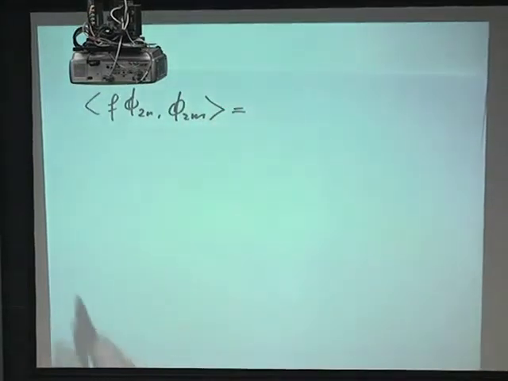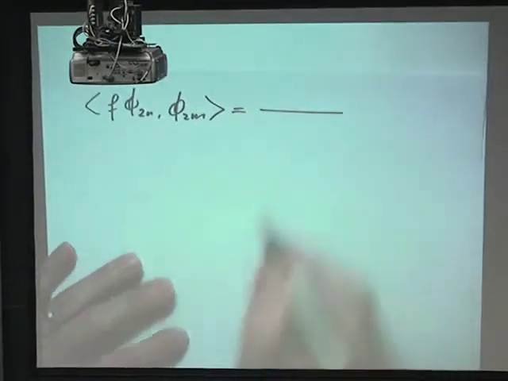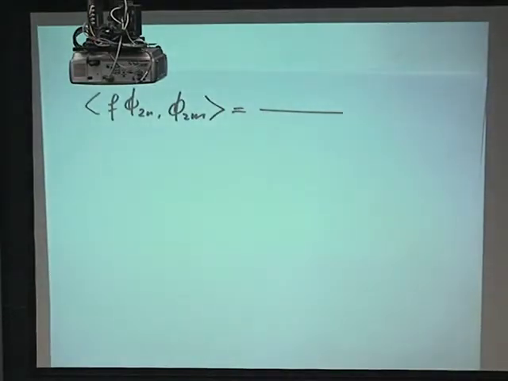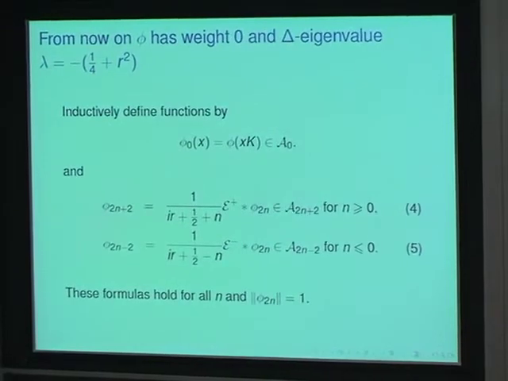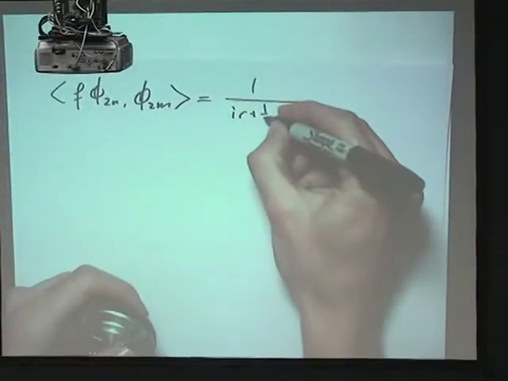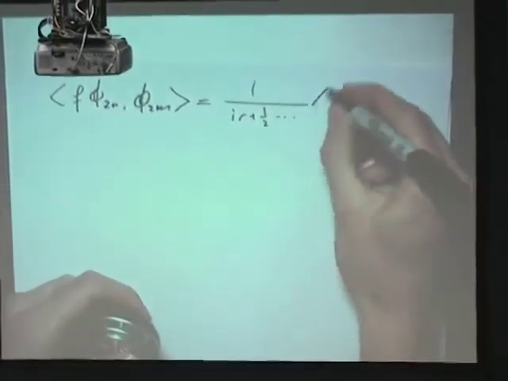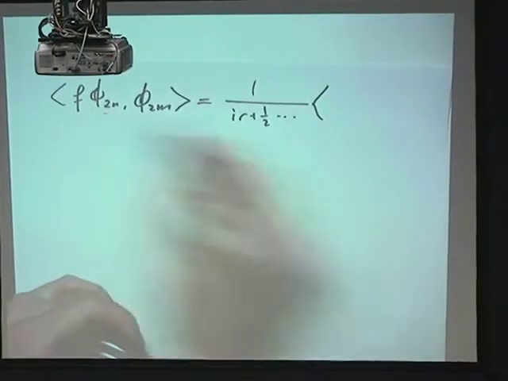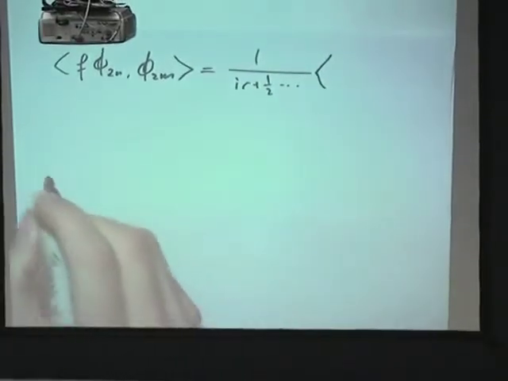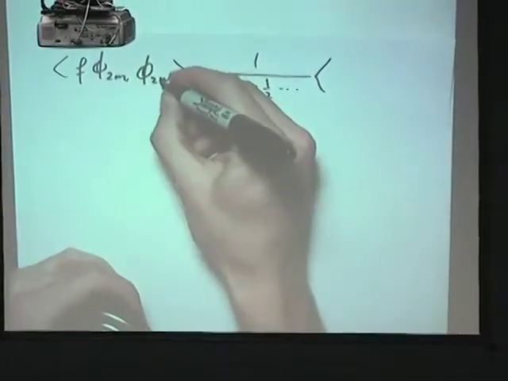And now I recall the very definition of the phi 2n. I mean, there were these defining equations, defining formulas that I claimed hold for all n, these things. So I just use it, say, for the first expression here, for the phi 2m, and I will get confused unless I stick to what I have written there.